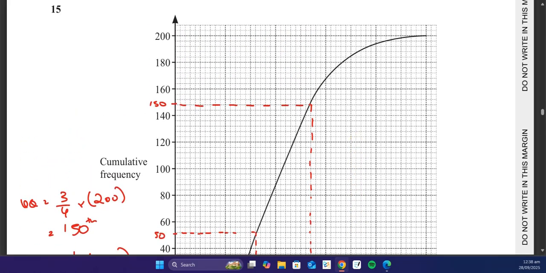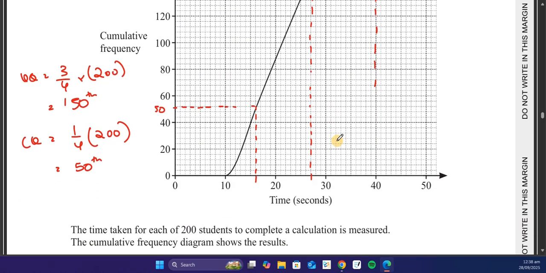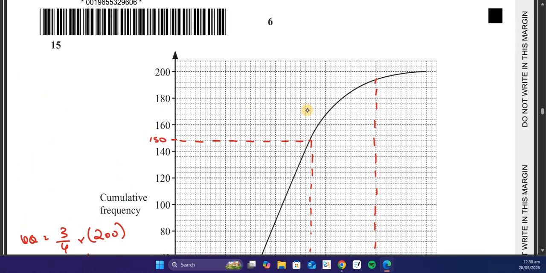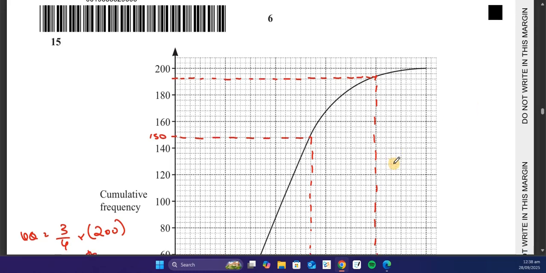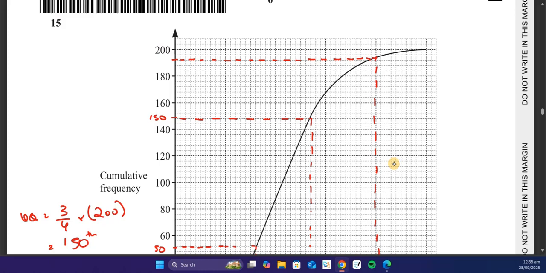So 40 is over here, around over here, and this would be our cumulative frequency, which is more than 170 around, but less than 200.